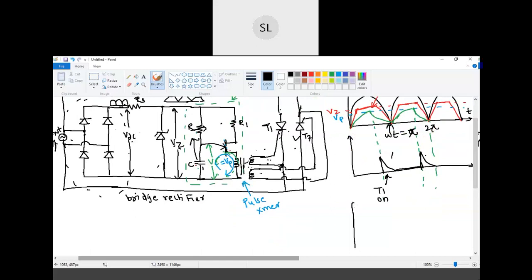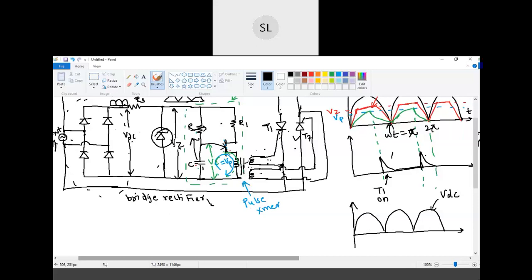Let me draw this again. So this is the output of the bridge rectifier circuit. Now, this voltage will be clipped by this Zener diode voltage Vz.